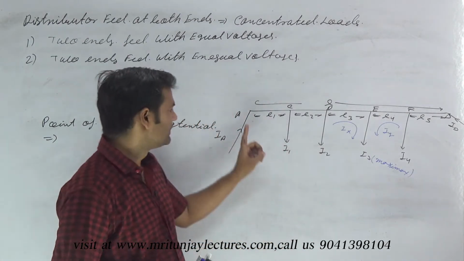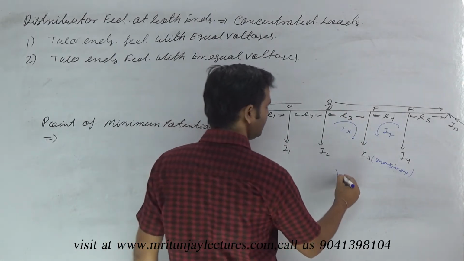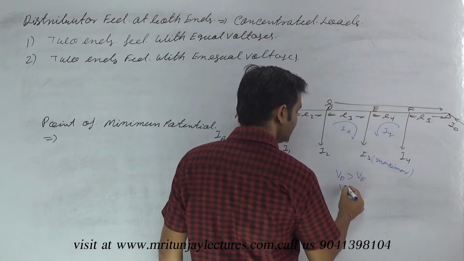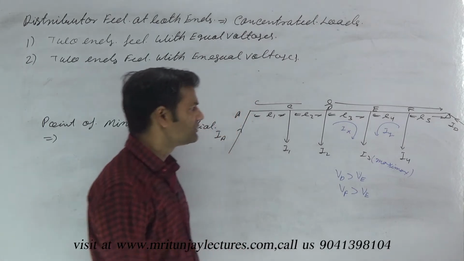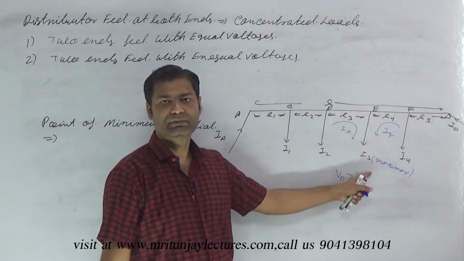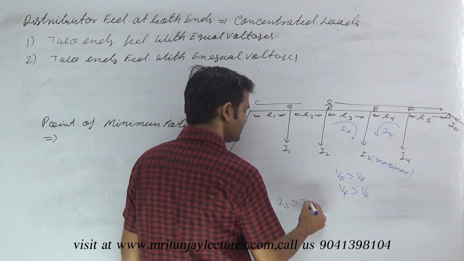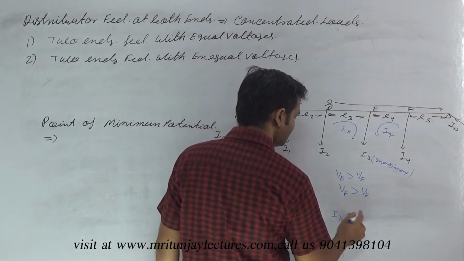Okay, and this voltage VE: VD is greater than VE, and VF is also greater than VE. Clear? Suppose this current is a maximum, I3 is greater than I2, I3 is greater than I1, I3 is greater than I4.